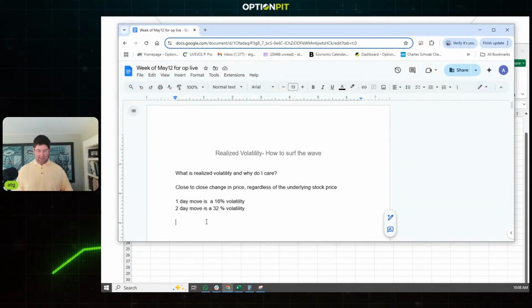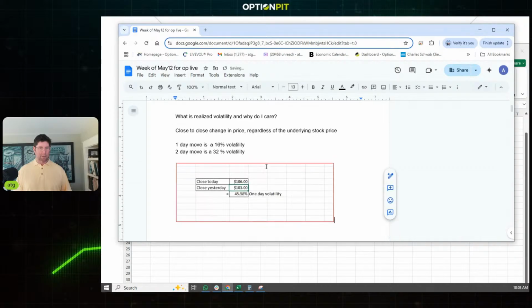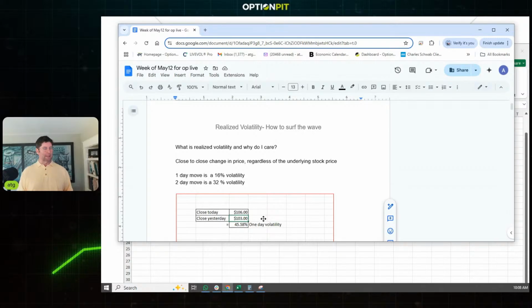Remember, I want to demystify the volatility word. All it is is a move. I got a price one day, I got a price another day. You throw it into the realized vol calculation, the GARCH calculation, and you're going to get a number. So when you see a volatility chart, which I'm going to show you in a minute, that's all it's doing.